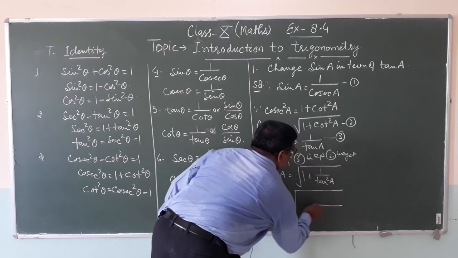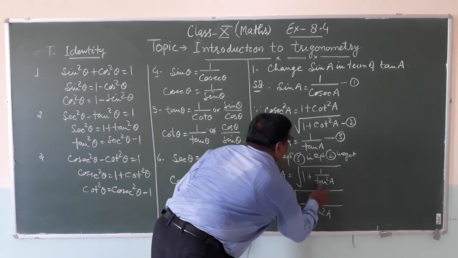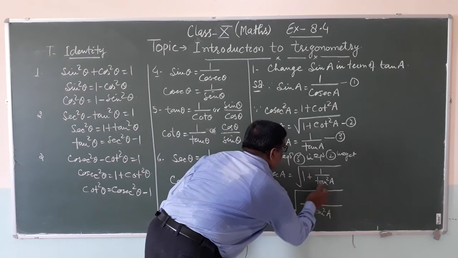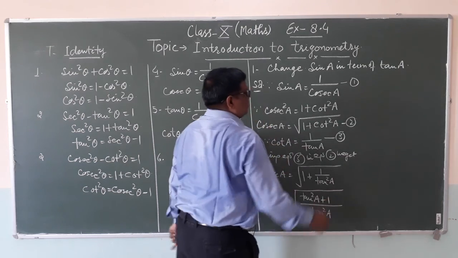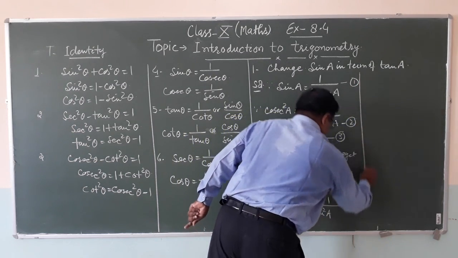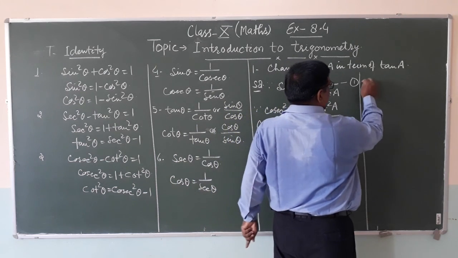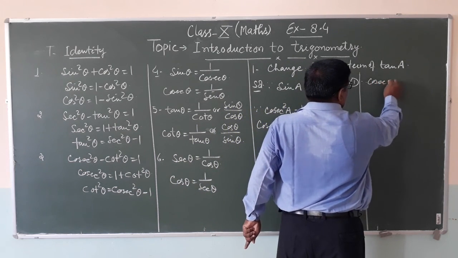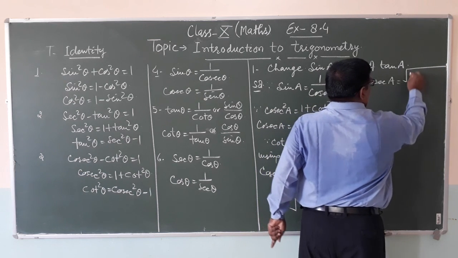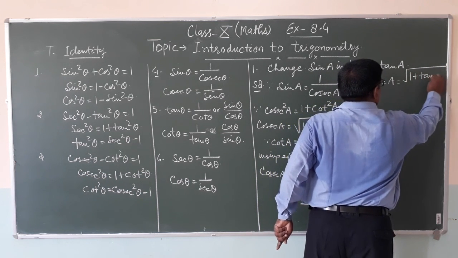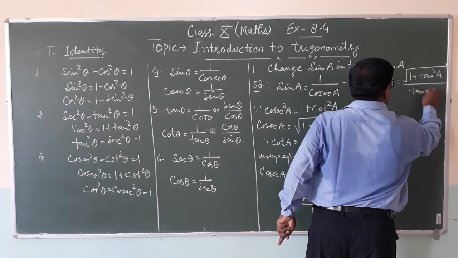This one is tan square A, and multiplying 1 into tan square A gives tan square A plus 1. So this can also be written as cosec A is equal to square root of 1 plus tan square A upon tan A.